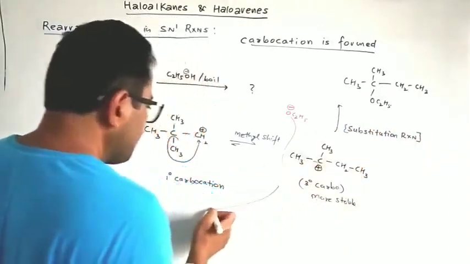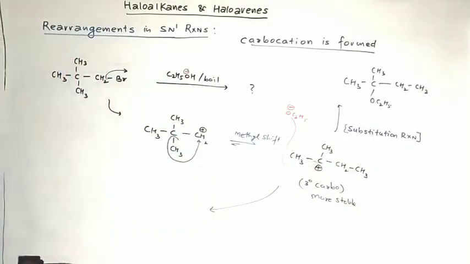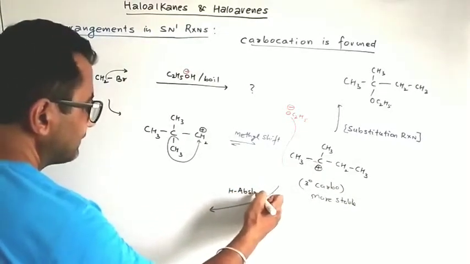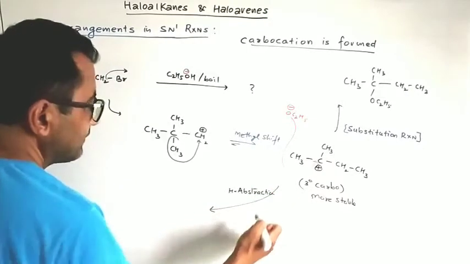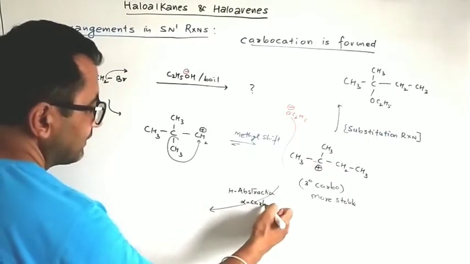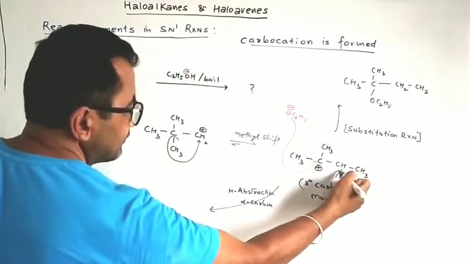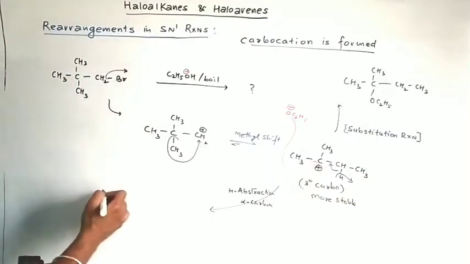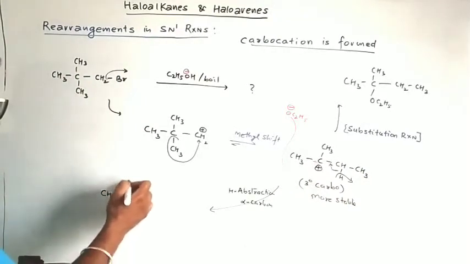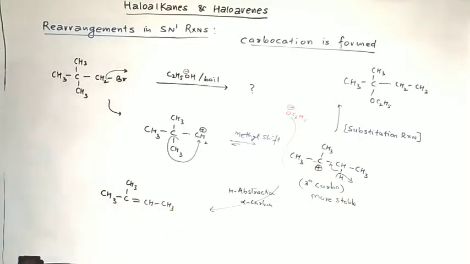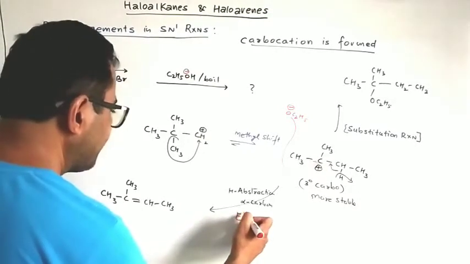The other way is abstraction of a proton, a hydrogen abstraction from the alpha carbon. Remove hydrogen from here. When this hydrogen is removed, you get a positive charge here. So the product formed is now this. This reaction is elimination. You can write it E1.